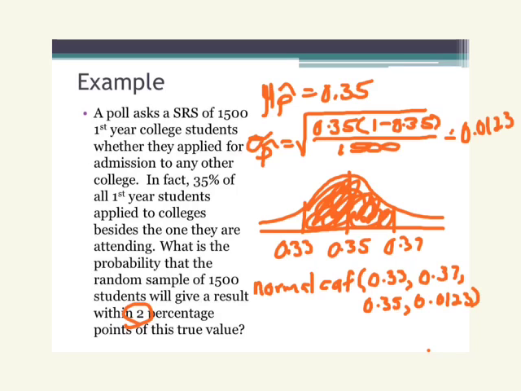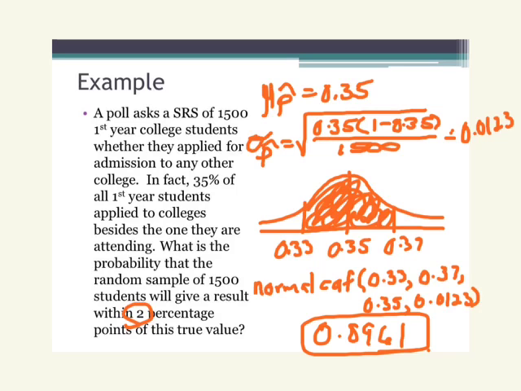So there's our command for our normal distribution. Again, we've verified that a normal distribution is appropriate. We found the mean and standard deviation of that, so now it's just a matter of doing our calculations. And when we do that, we find out that there's a probability of 0.8961 of our sample proportion falling pretty close to this population proportion.